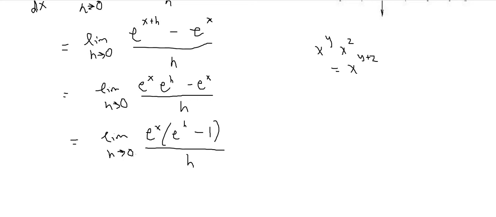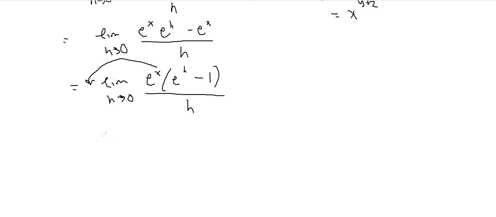So now we can see we're not taking the limit of x, so we can just bring this out here, right? So it would be equal to e to the x, limit as h approaches 0 of e to the h minus 1 all over h.